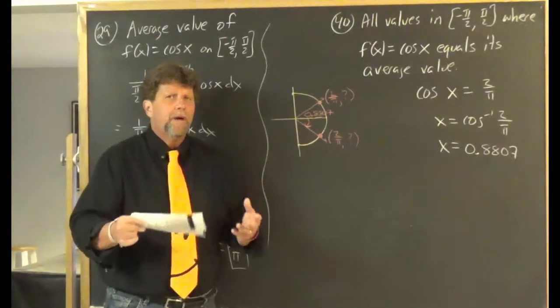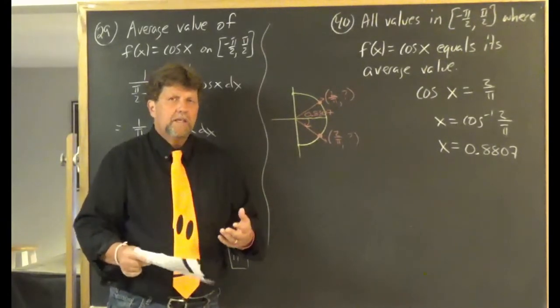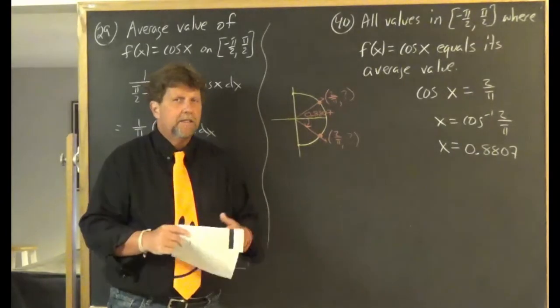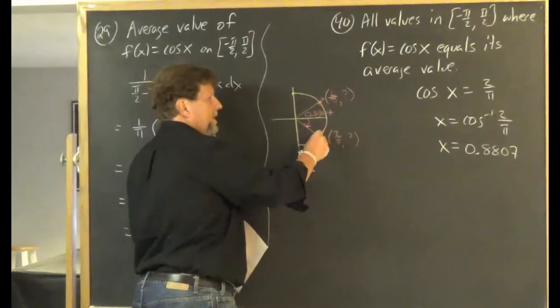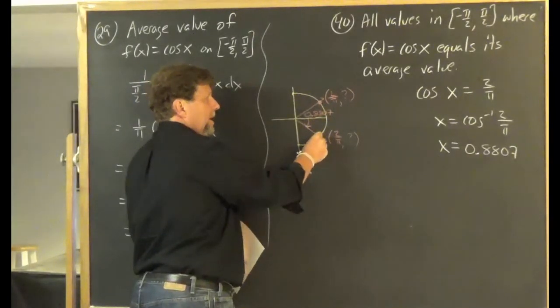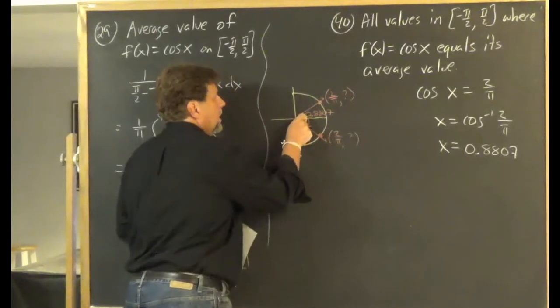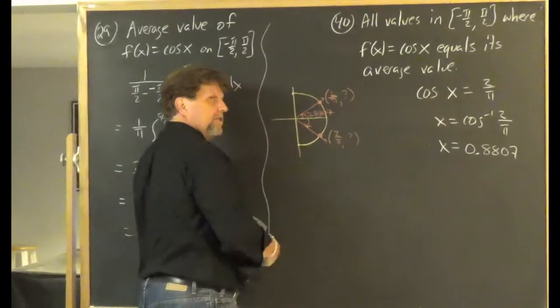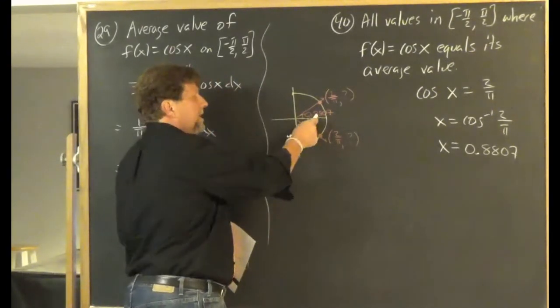Well, one of the beauties about the unit circle is it has a lot of symmetries. Symmetry about the x-axis, symmetry about the y-axis, symmetry about the origin. So since these 2 points have the same x-coordinate, and I know this angle here is 0.8807, this angle here has to have the same magnitude.